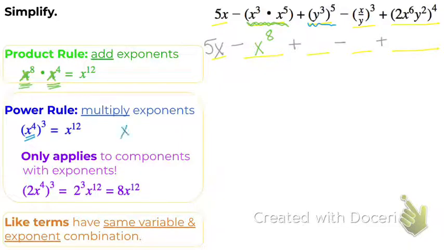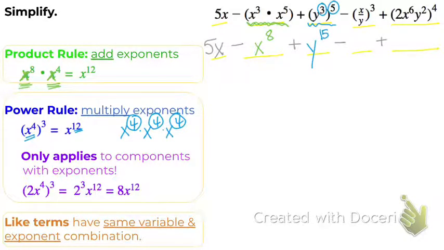So x to the fourth is being multiplied by itself 3 times. So 4 and 4 more and 4 more is 12. Or you can think of it as there's 3 4s, that's like 4 multiplied by 3, and that gives us this 12. So in this case, we have y to the third to the fifth power, so we just multiply 3 times 5 and get 15.